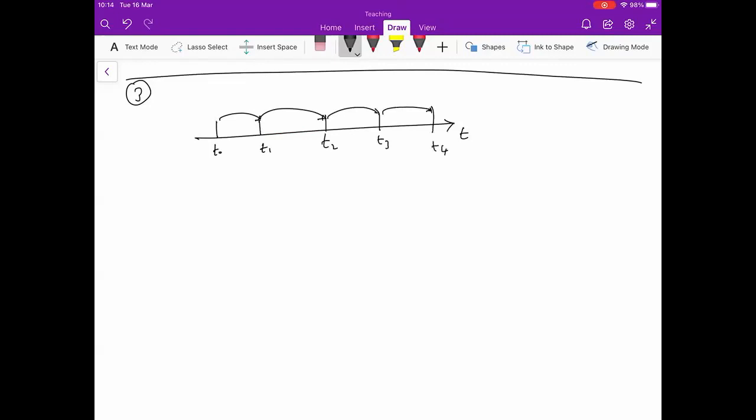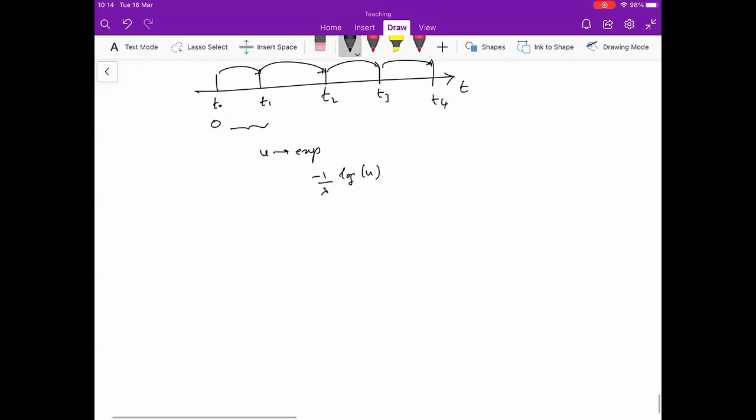These gaps are distributed according to an exponential distribution. To go from uniform to exponential, we take -1 over lambda times the log of the uniform random variable.